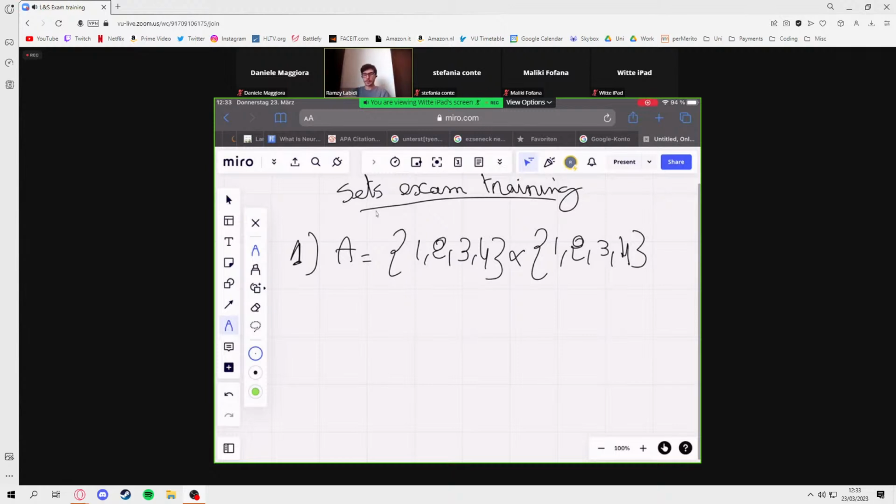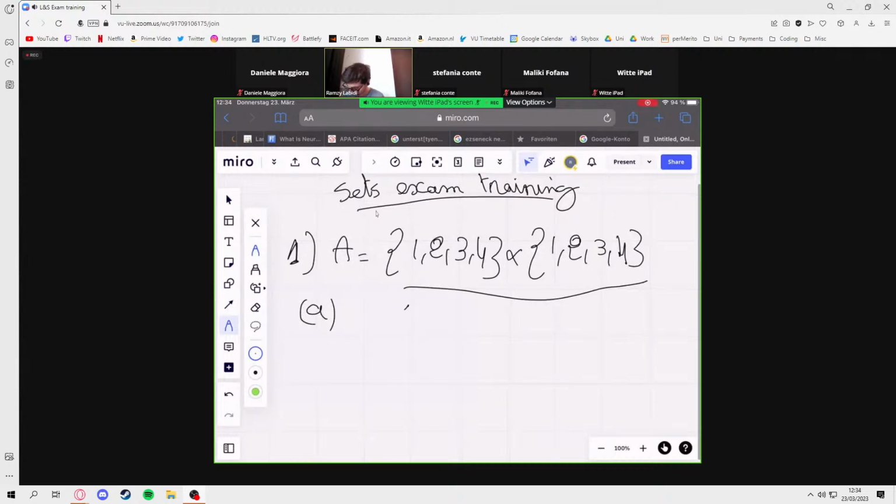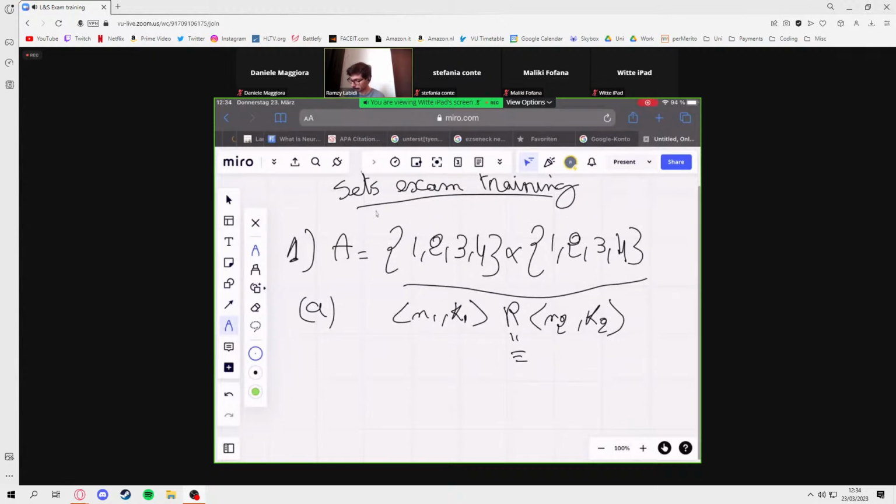Okay, so anyways, our relation is this one. The first question says, show that this R is an equivalence relation. And in order to figure that out, we have to look at three things.